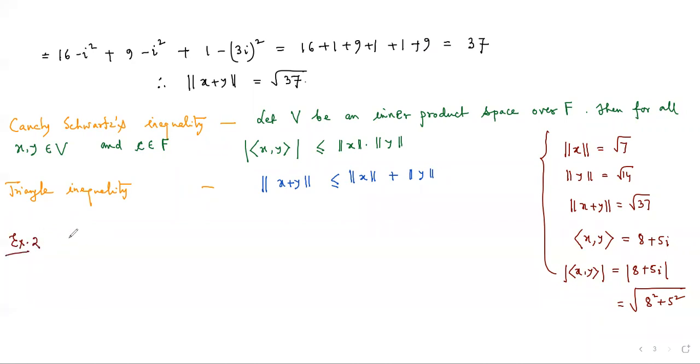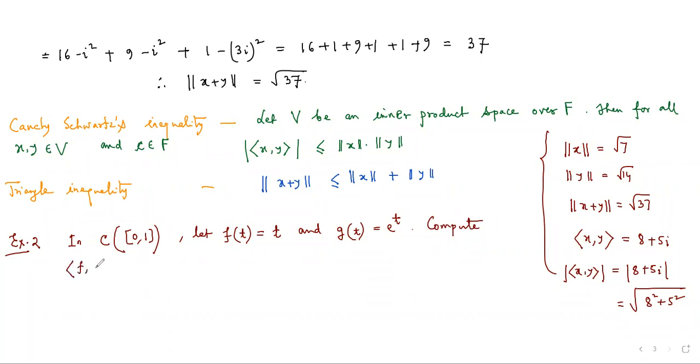Example 2. In the vector space C[0,1], let f(t) is equal to t and g(t) is equal to e to the power t. Compute the inner product of f, g.